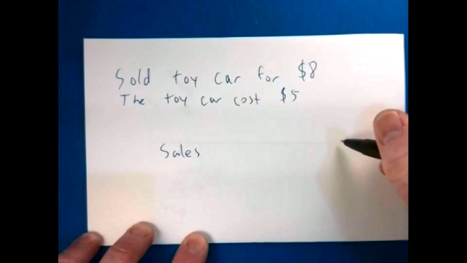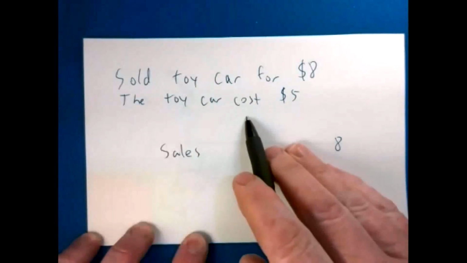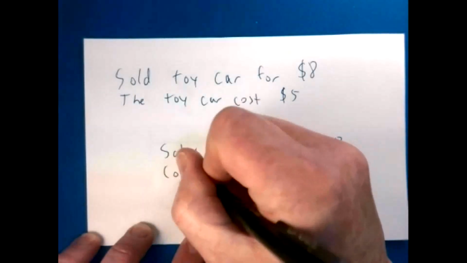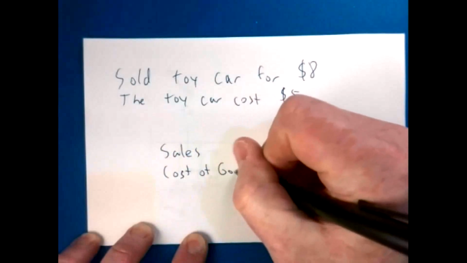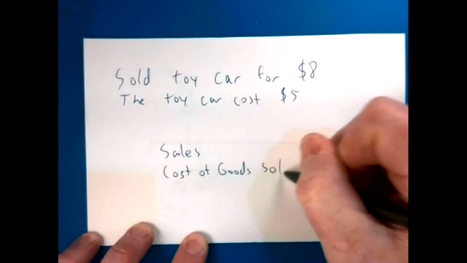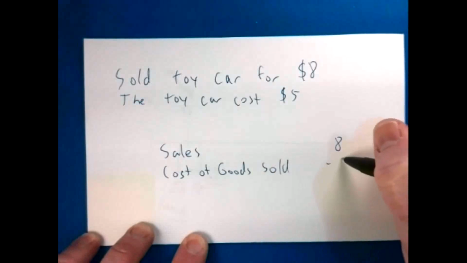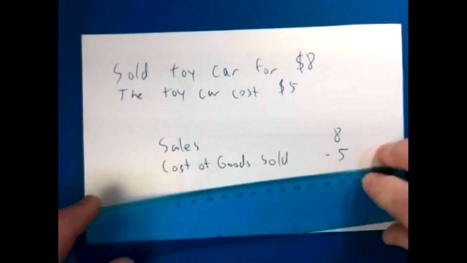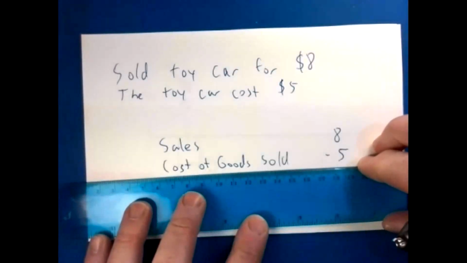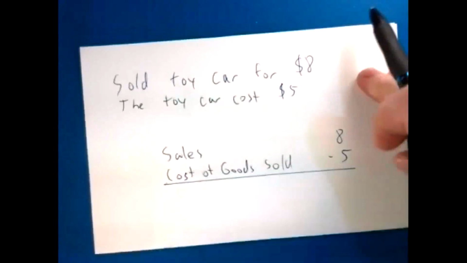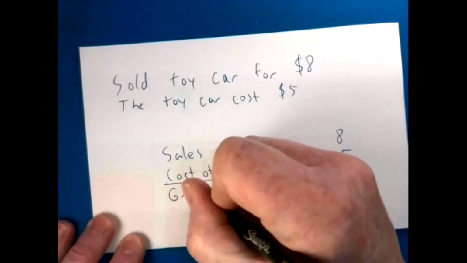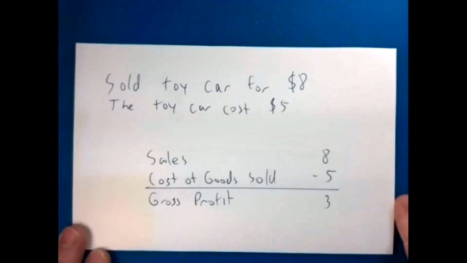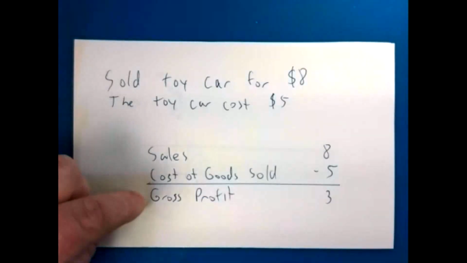The sales would be $8. The cost of the car I sold is $5. So this would be the cost of goods sold, and our gross profit is 3. So this is what this would look like in accounting terms.